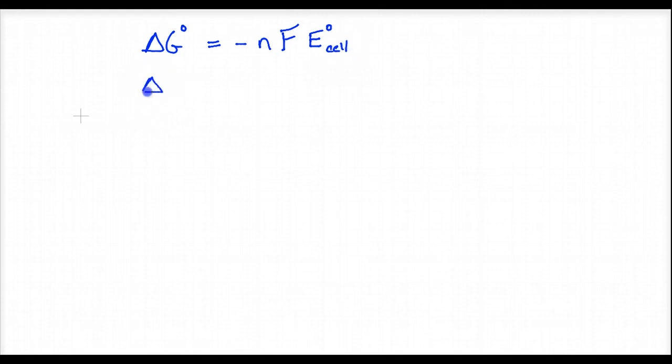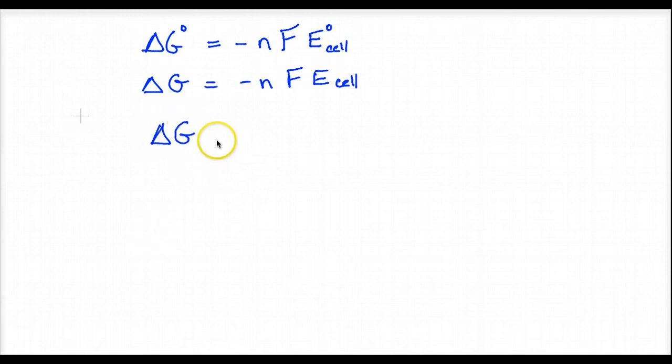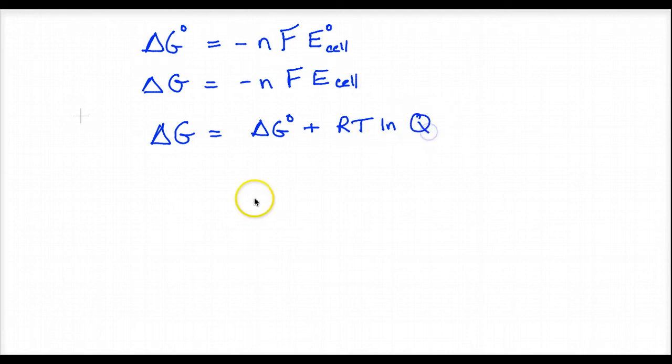Also I have delta G non-standard equals negative nF times non-standard E of cell. Now I also have the delta G that's linked to the ln of Q, which is delta G equals delta G naught, standard conditions, plus RT natural log of Q, your reaction quotient.